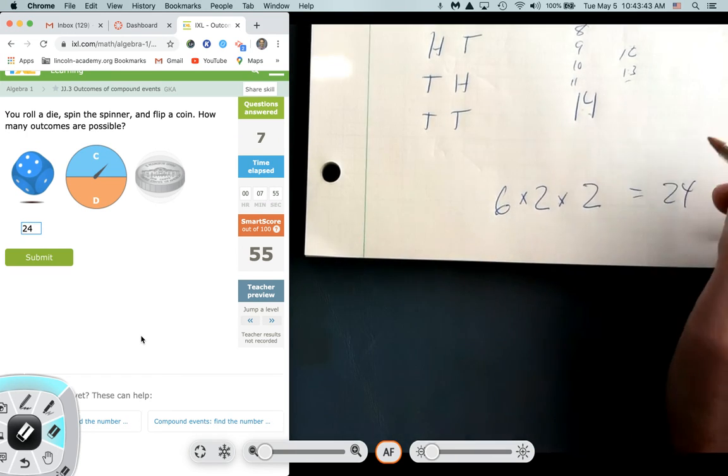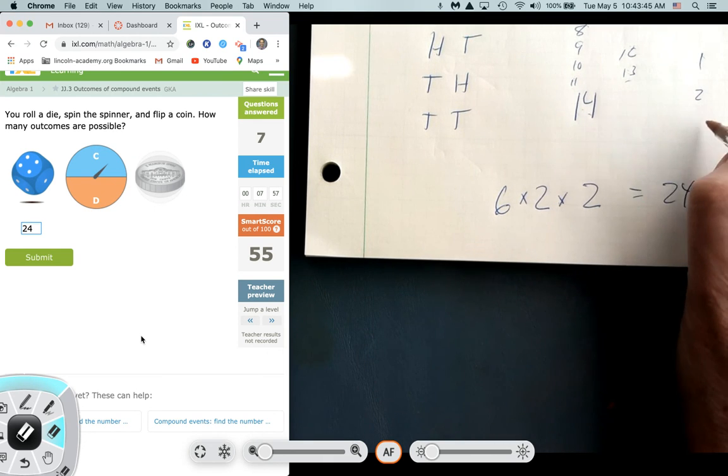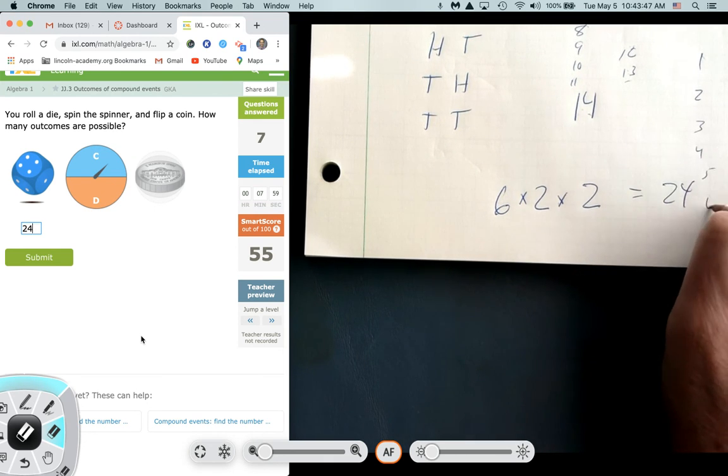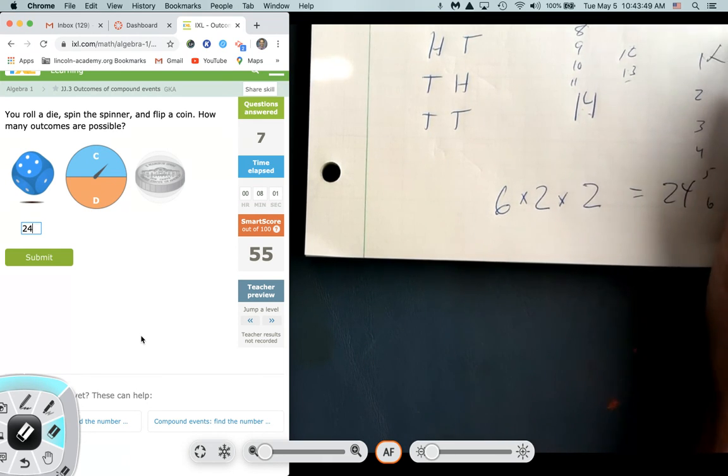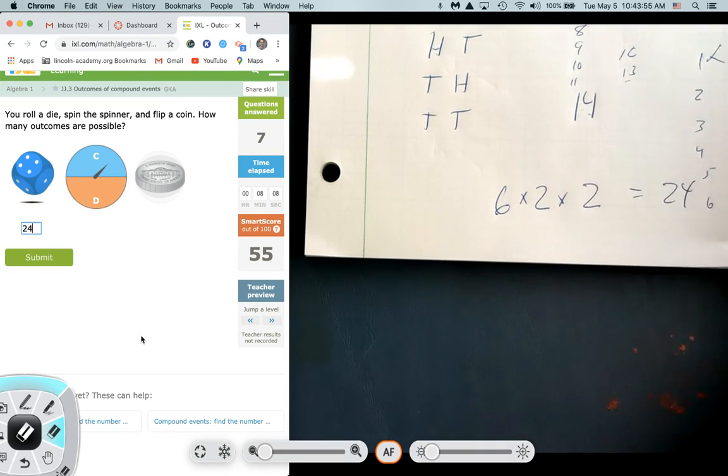Again, we could take the time to do 1, 2, 3, 4, 5, 6, and then break off and do the C and the D, and then break off and do the heads or the tails. But again, for each one of these, there's going to be 2 outcomes, and there was 6 of these. So for each one of these, there's 6 outcomes.